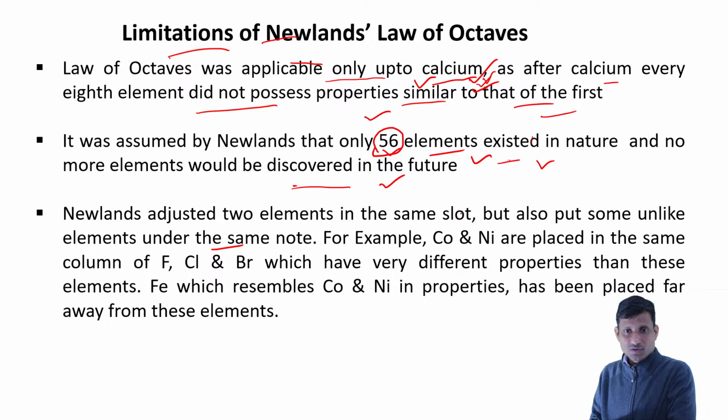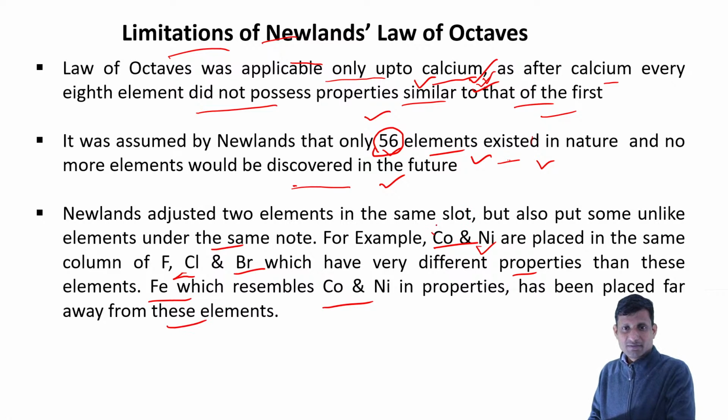For example, cobalt and nickel were placed in the same column as fluorine, chlorine, bromine, which have very different properties. As we know with progress, cobalt and nickel are very different. Their chemical properties are very different from fluorine, chlorine, bromine, which are the halogen group. That is another disadvantage or drawback. At the same time, iron, which resembles cobalt and nickel in properties, has been placed far away from these elements. So these are the drawbacks.